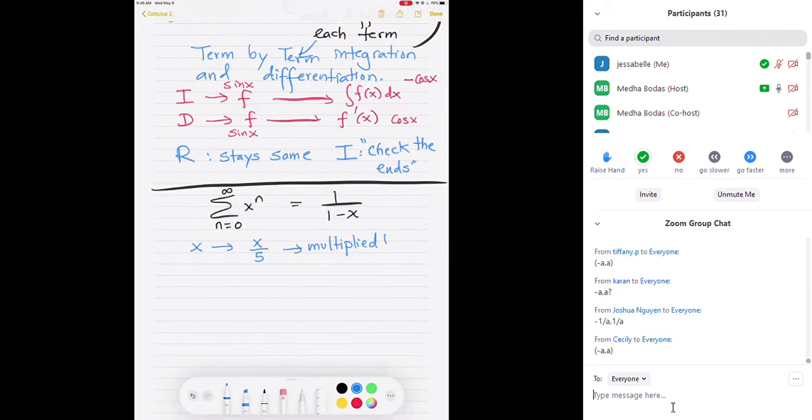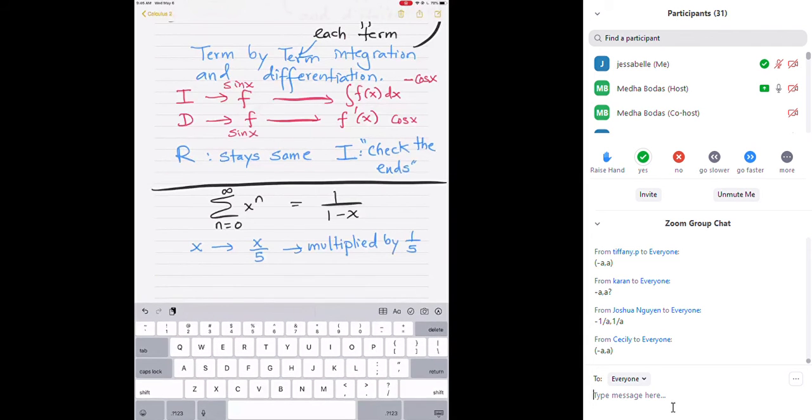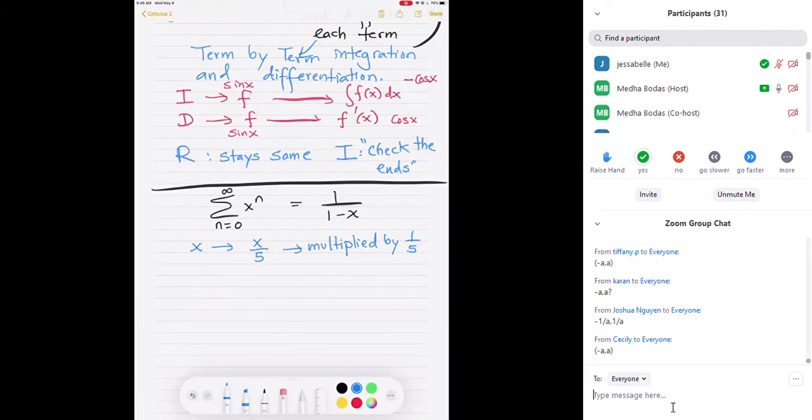That was our plan. When we did this to the series, the function became 1 over 5 minus x. Why this manipulation? Because we wanted to use algebra on the function.